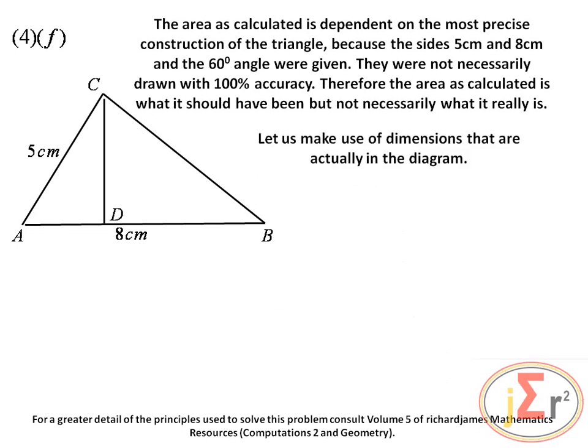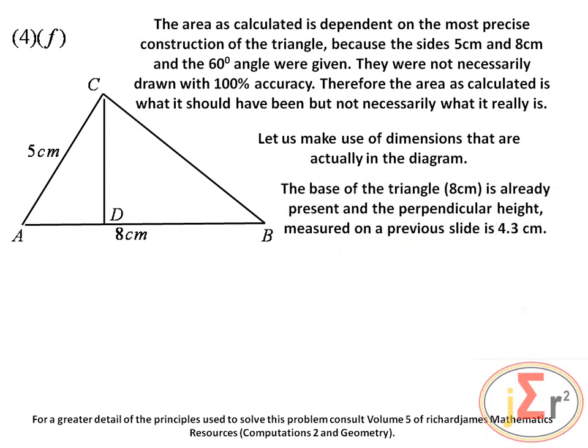Let us make use of the dimensions that are actually in the diagram. So the base of the triangle is 8 centimeters, and we know that already. The perpendicular height we measured to be 4.3 centimeters.